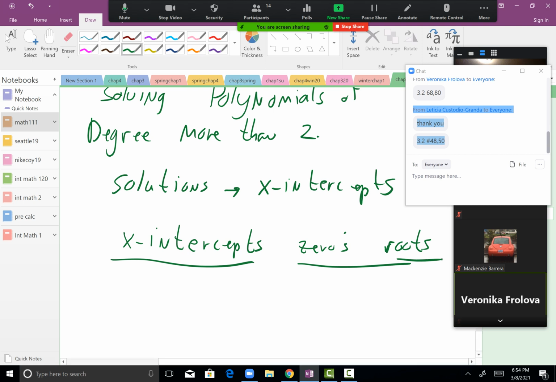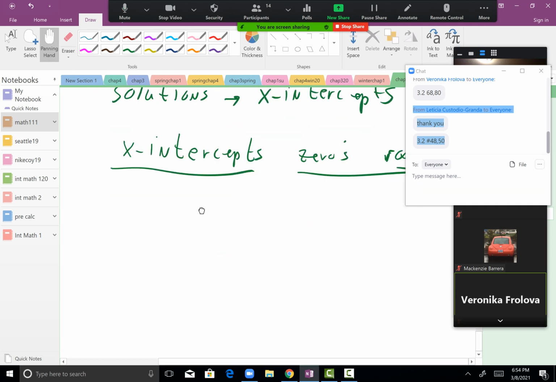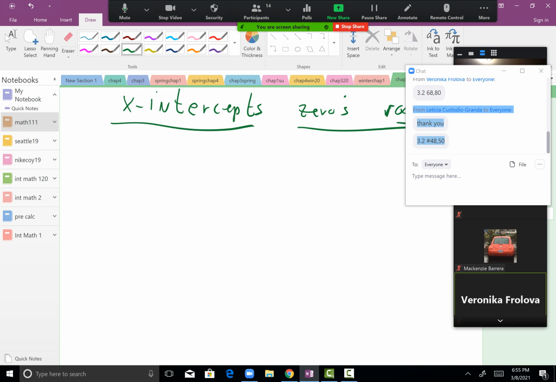The other important thing that we're going to talk about is something that we played around with on Wednesday. I said, let's say that we have a cubic, a third degree. And I asked you, how many x-intercepts can I have? Does anybody remember how many x-intercepts we can have for a third degree?